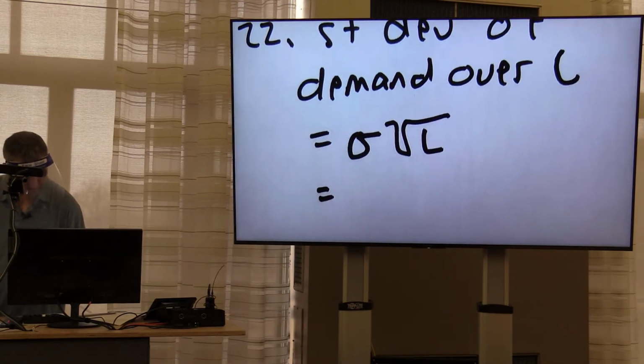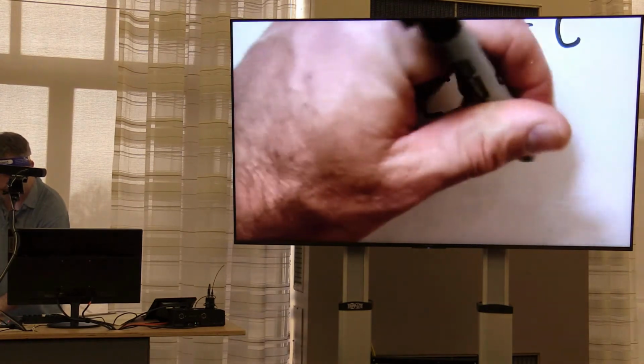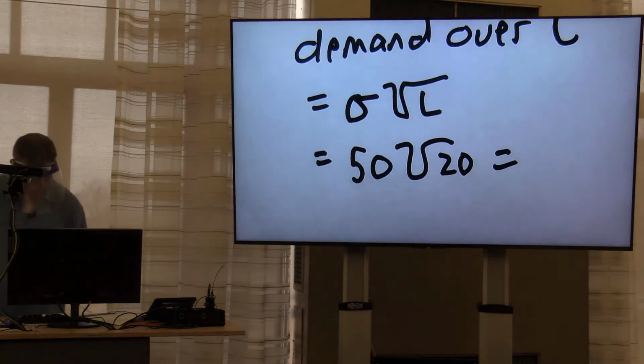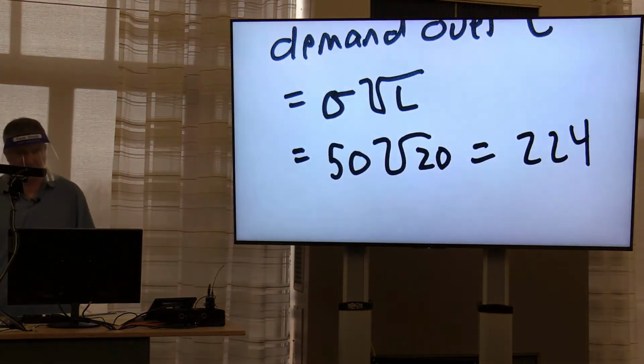Standard deviation of daily demand was 50. Lead time was 20 days. So this gives us 224 when I round.